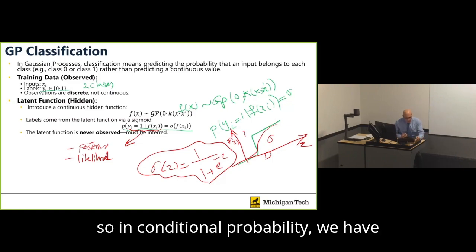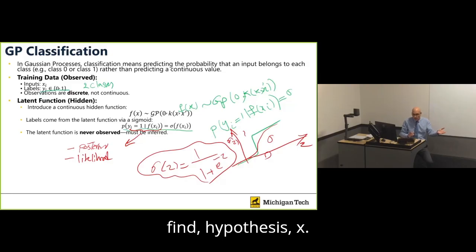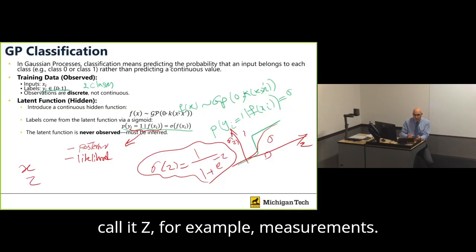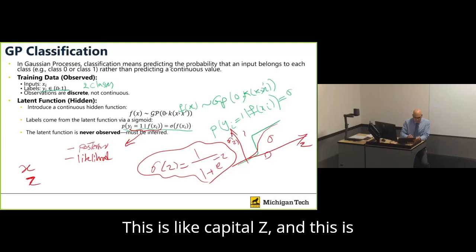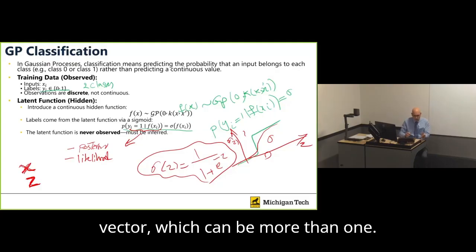In conditional probability, we have something that we want to find, hypothesis x, and some data that we have, we call it z, for example measurements, and it can be lots of them. This is capital Z, and capital X means it can be a vector, more than one.